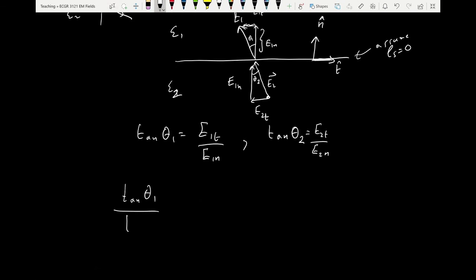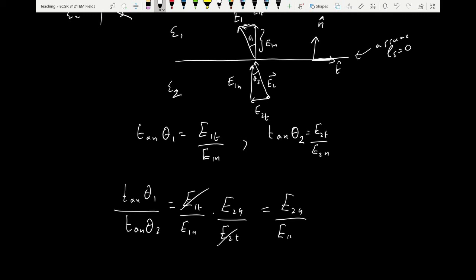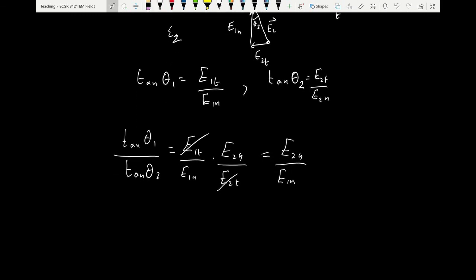Tan theta 1 over tan theta 2 equals E1t over E1n times E2n over E2t, and then we know the tangential components are equal, so this cancels out. I end up with E2n over E1n. Let me write that in terms of flux density. So this is equal to D2n over epsilon 2 over D1n over epsilon 1.